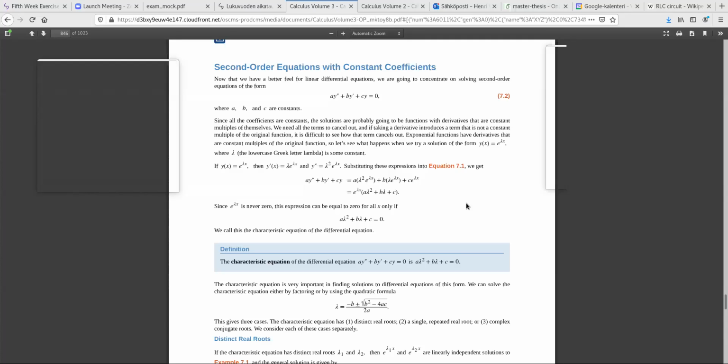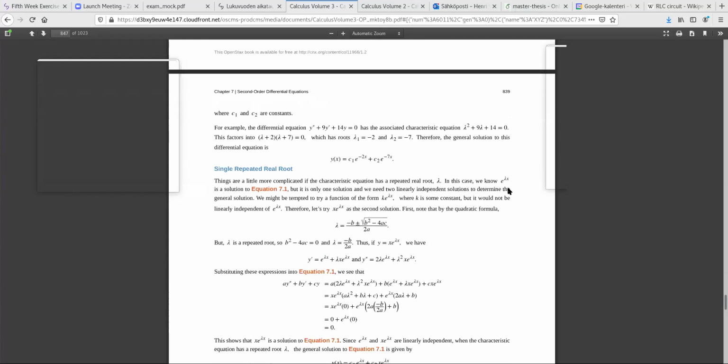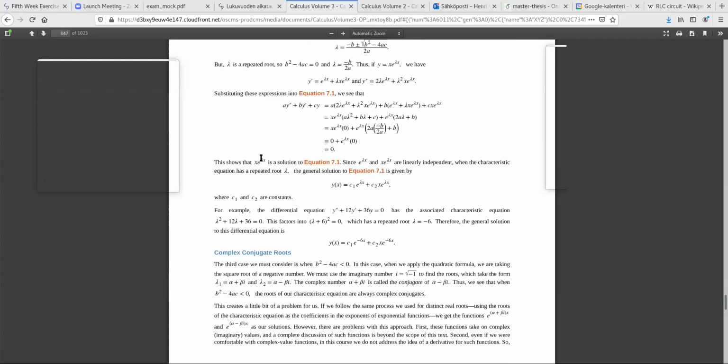Sometimes it has a single root, which we call the double root, but even so, the differential equation will have two solutions, even if it has a single repeated root. If it has a repeated root, then we can find a solution where instead of e to the lambda x, you use x times e to the lambda x.